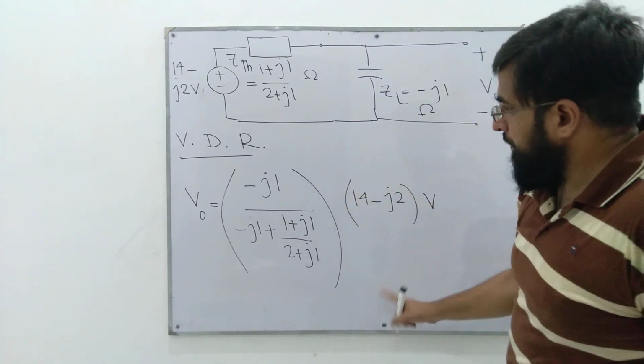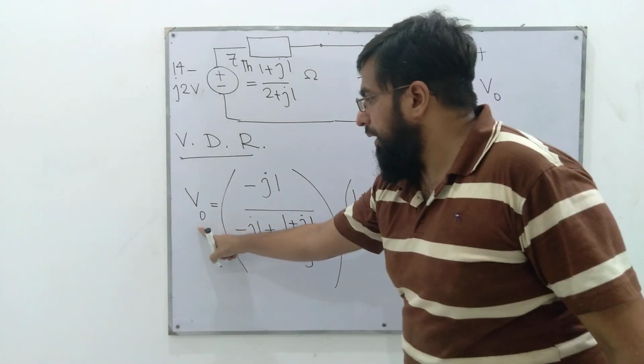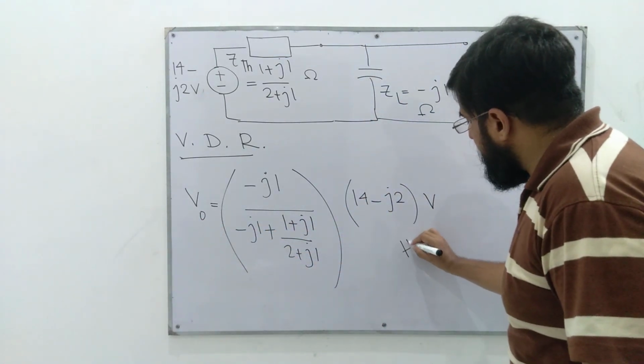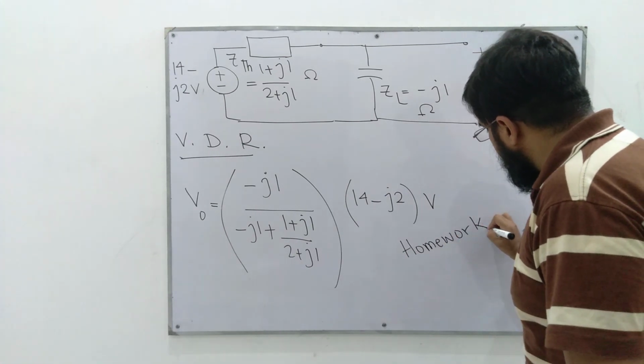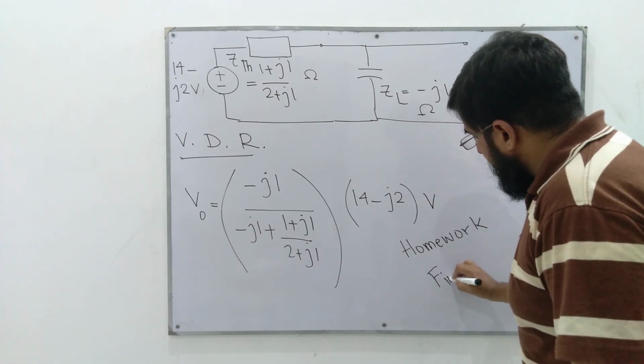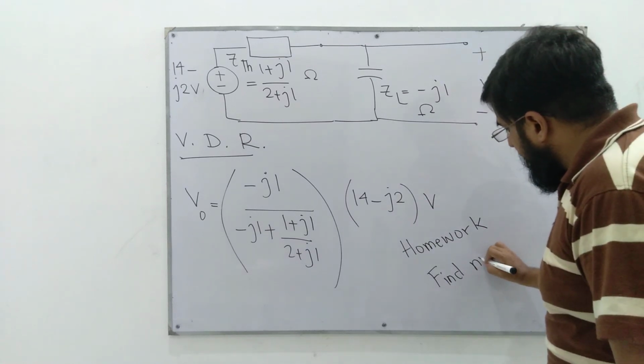To solve this expression and to find the numerical value of V out is left as a homework for students. Homework is to find the numerical value of V out.